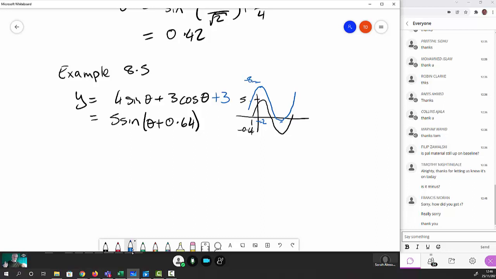So the whole curve has been moved upwards. For the electronics people, they would call that a DC value of 3. You've got an alternating voltage or current, and you've got a DC value, so the whole thing is being uplifted by 3.